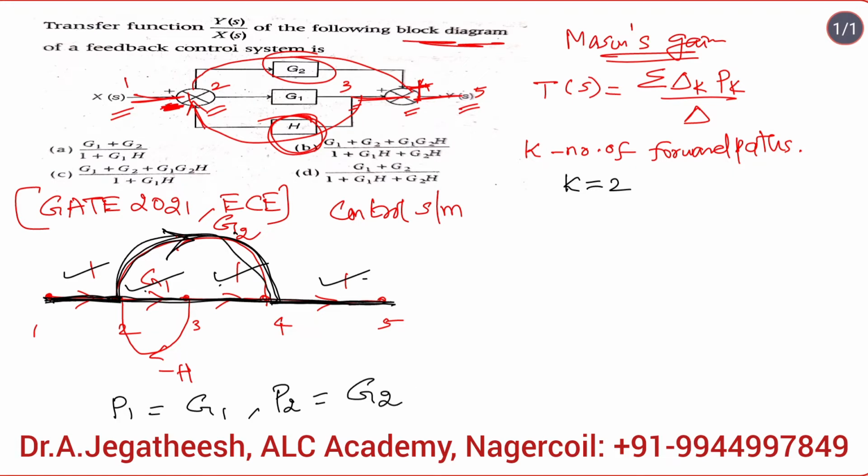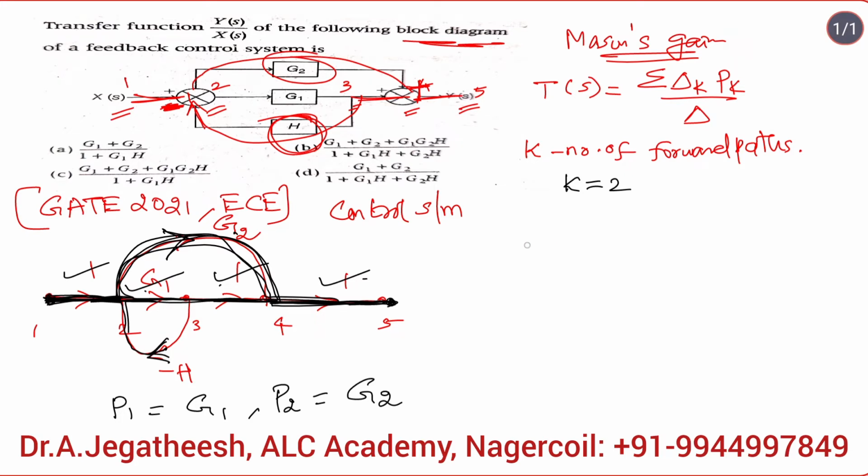All the other terms are 1. You don't have any other forward path from node 1 to node 5, because on this path the arrow mark is reverse, so you cannot go this path. You have only 2 forward paths.